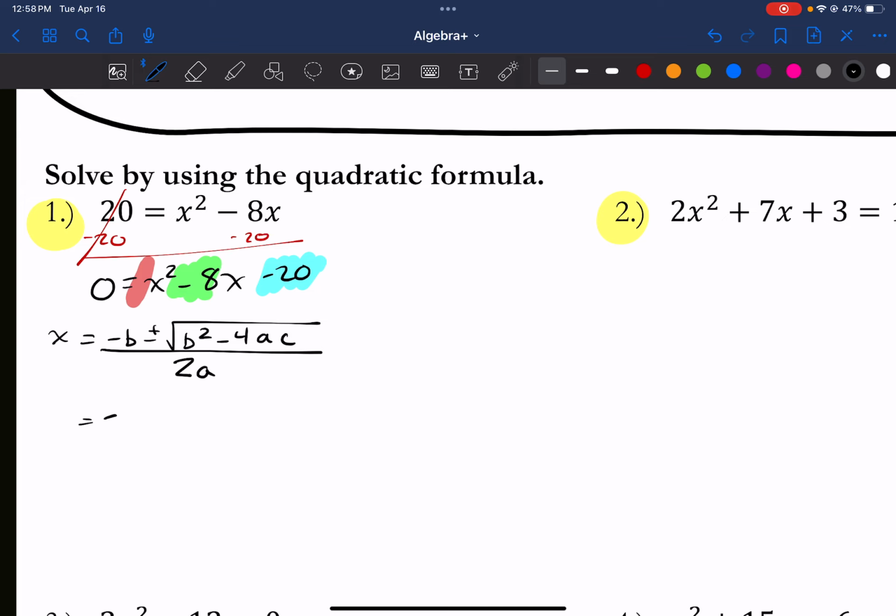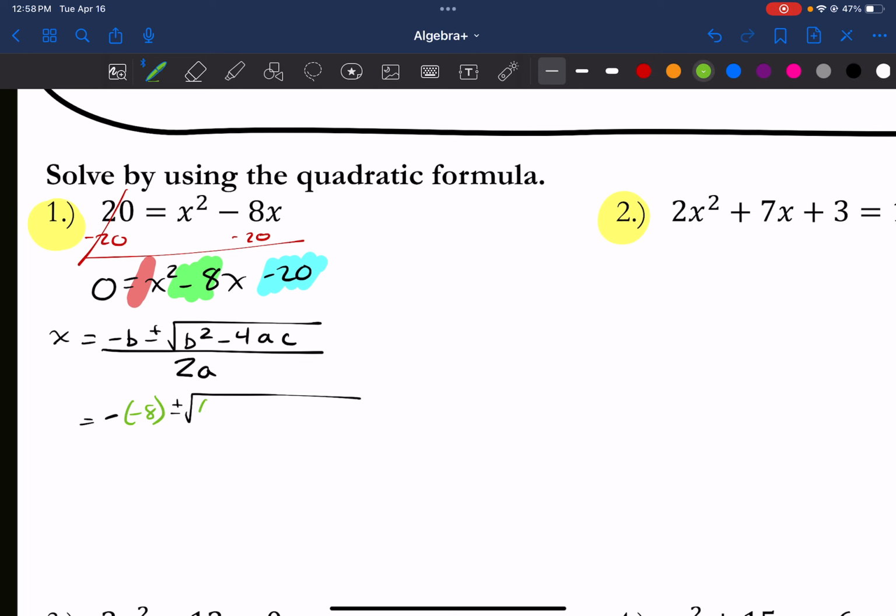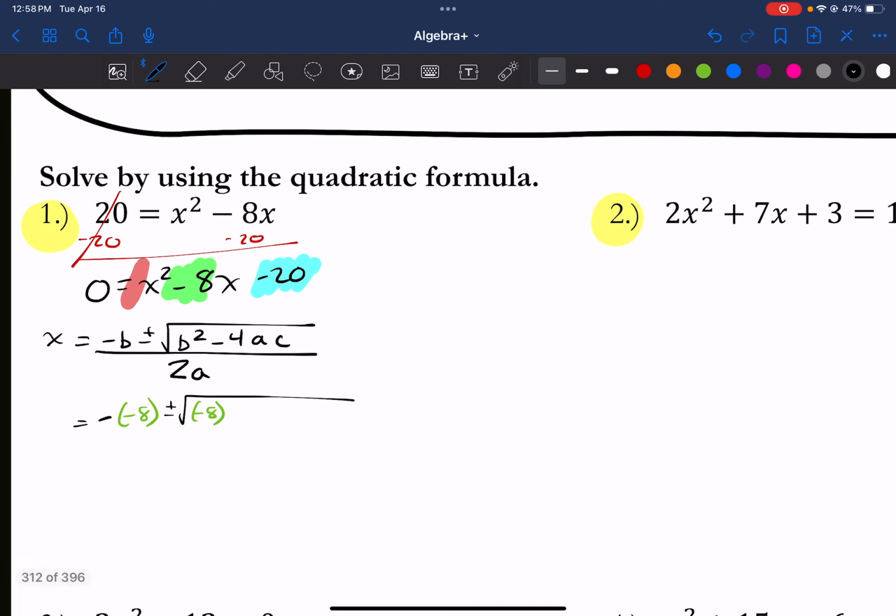So this equals negative negative 8 plus or minus square root of, in parentheses, negative 8 squared minus 4 times a, which is 1, times c, which is negative 20, all over 2 times a, which is 1. I'm going to go ahead and simplify.